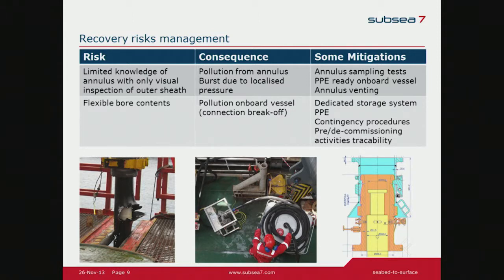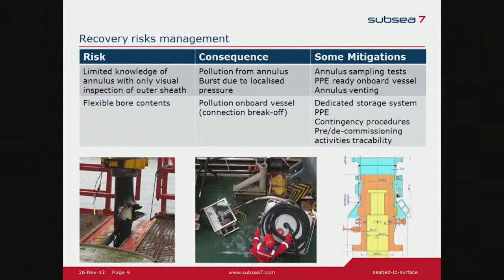Also, if we have a lot of elements clamped onto the pipe, we have already experienced outer sheath burst due to increased differential pressure and localized pressurized gas in the annulus. Mitigation for that is annulus monitoring, which was detailed earlier today, PPE in case of a pollution risk, and an annulus venting system in place.